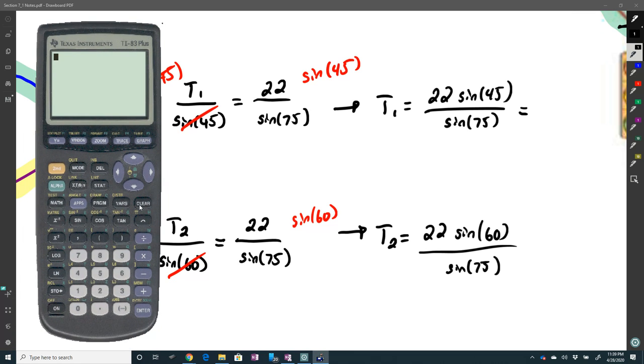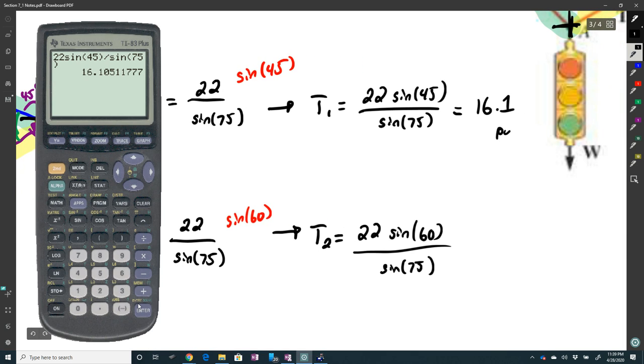So now let's work it out. 22 sine of 45 divided by sine of 75 is 16.1 pounds of force.